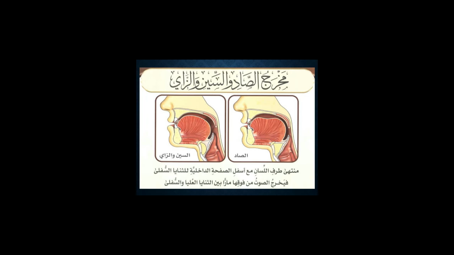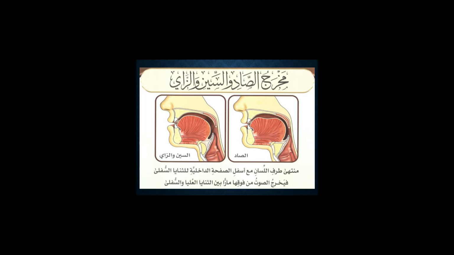Then again, the same tip of the tongue, this time touching the middle plate of the teeth. So your front teeth, incisors, upper and lower. If you close your mouth, meet them together, and the tip of the tongue touches the middle part of the teeth where those two teeth lines are connected, where they join, just around that, you would say af, as, az, seen, za, and fad.